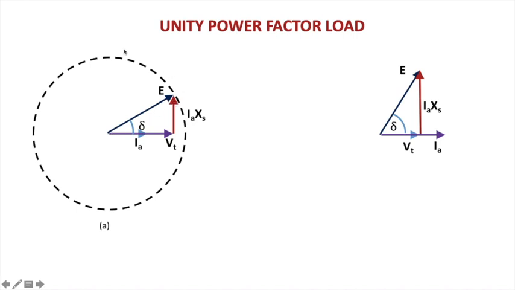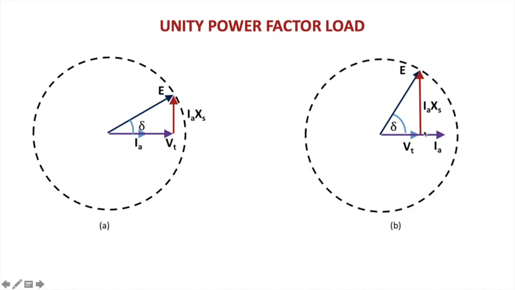This induced EMF will follow the circle which is given as the dotted line, and if the armature current increases, the terminal voltage will reduce. So over here you can see when the armature current has increased, the drop also increases and the delta angle increases with the increase in the load, and the terminal voltage reduces.